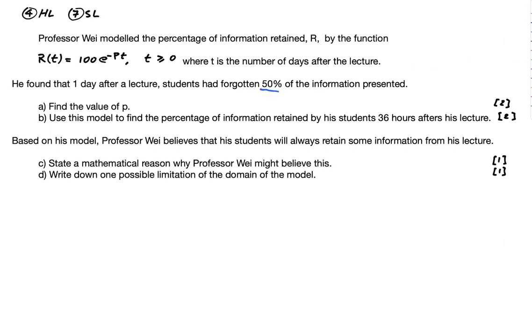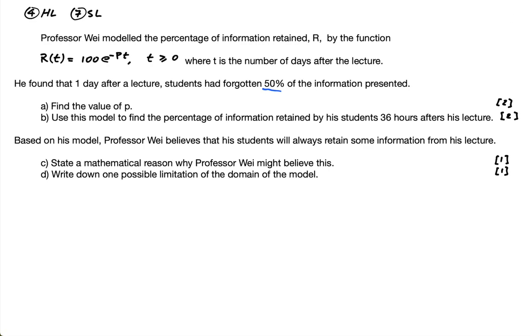Okay, so we have a situation like this. R of T is equal to 100 e to the minus P T. P is some constant. Now he's saying that students had forgotten 50% of the information retained.